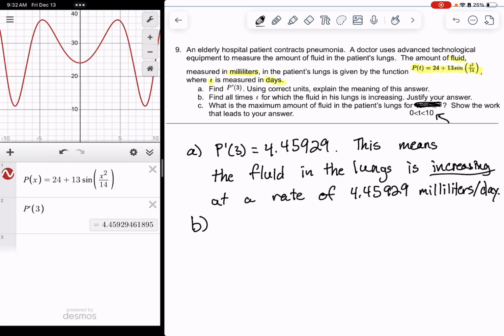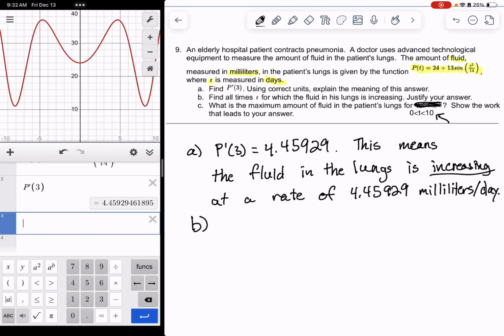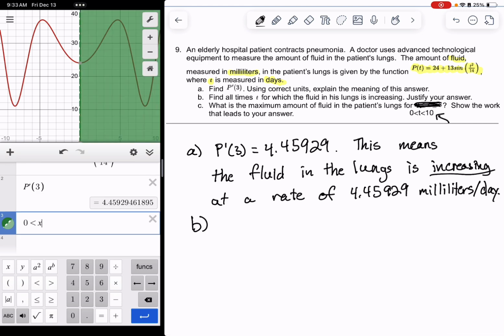Does that quite get us there? That does. I'm also going to put our time interval in here that we're going to be looking at later. And that should be actually a typo that's edited, that we're just looking at the first 10 days. So this is 0 is less than x is less than 10.